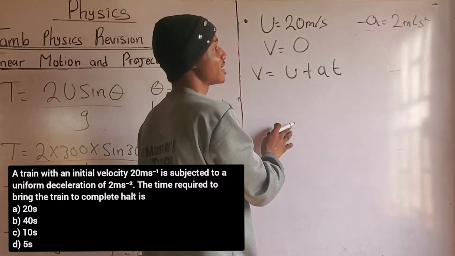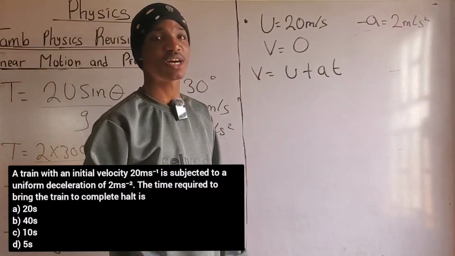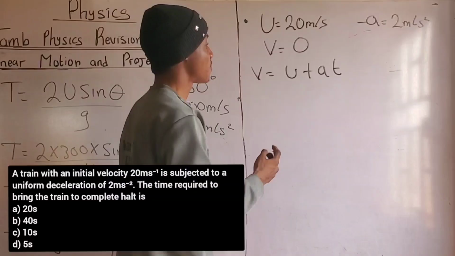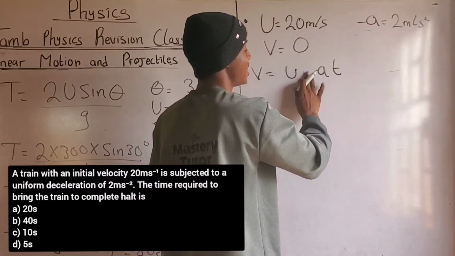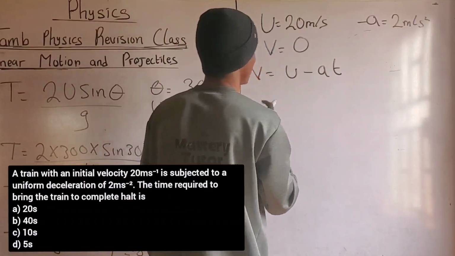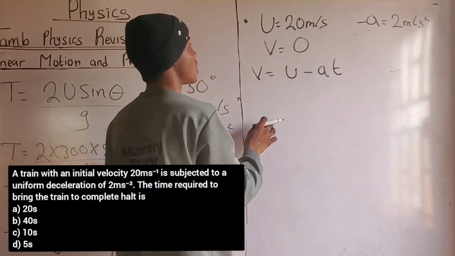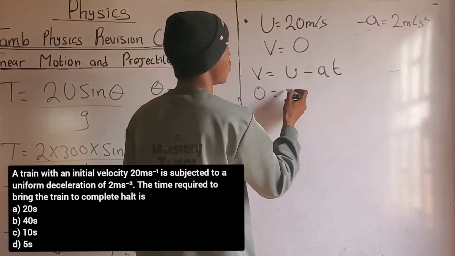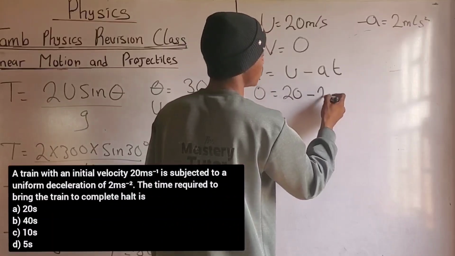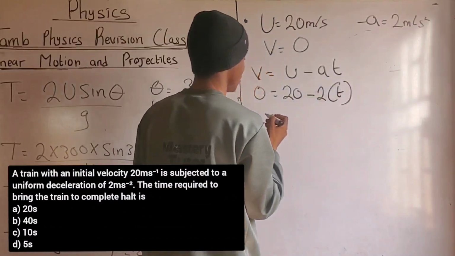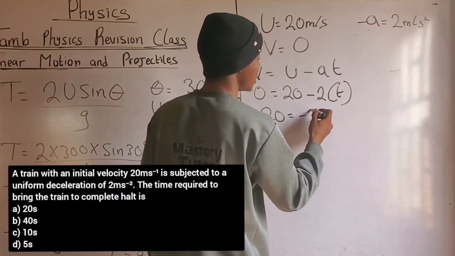Now, because the acceleration we are talking about is retardation, the sign that a is going to take is negative. So substituting these parameters, we can easily get the value of t. I'm going to have 0 equals 20 minus 2 multiplied by t. So negative 20 equals negative 2t.